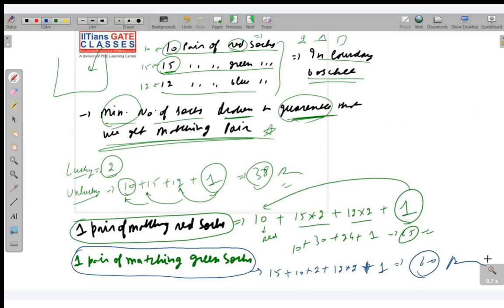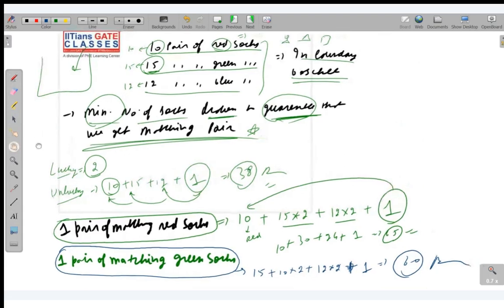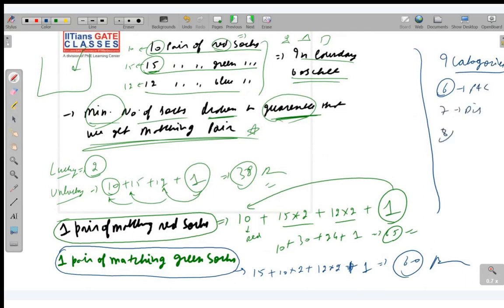Done, sir. Okay. So now our pigeonhole principle is over. So finally, we have concluded all the 9 categories of problems. 6 categories were of permutation and combination. The 7th category was distribution problems. The 8th category was principle of inclusion exclusion, and the 9th category was the pigeonhole principle.